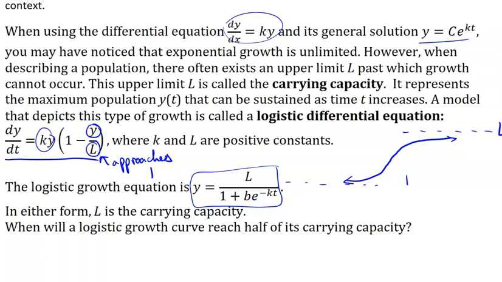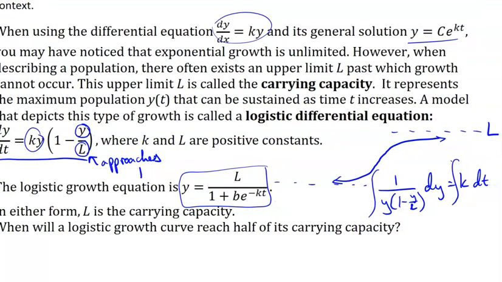So we would have 1 over y times 1 minus y over L, dy equals k dt. Then when you integrate both of these, you have to use partial fractions on this side. Remember, L is a constant. You can multiply everything by L to get rid of the fraction if you want. You don't have to.